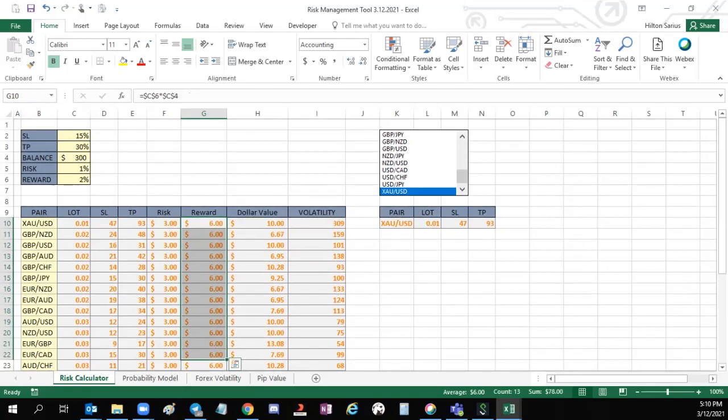Another thing you should keep in mind is that you should always trade as if you have a smaller account than what you're actually trading with. If you're trading with a $600 account, for example, then in this tool you should put in $300, because you still have to cater for losses.